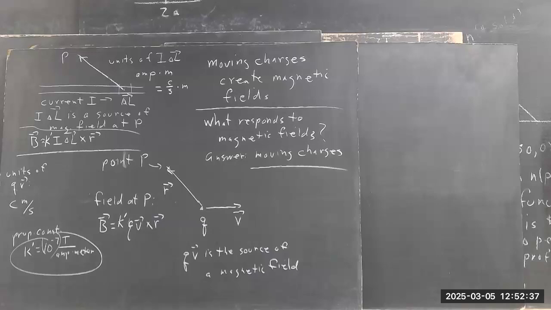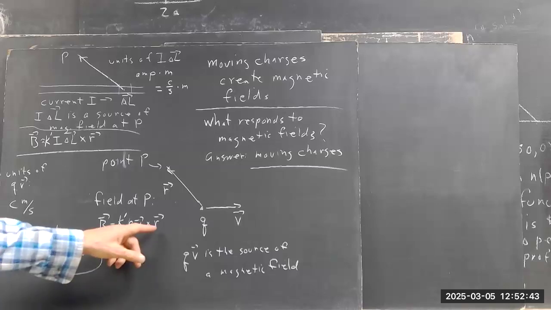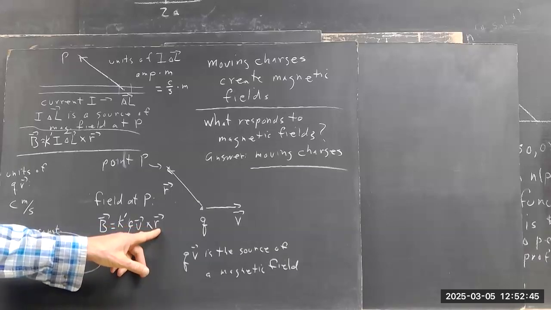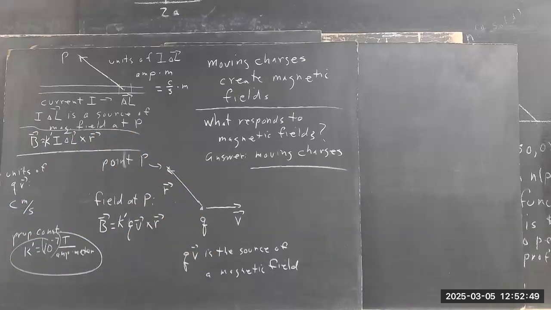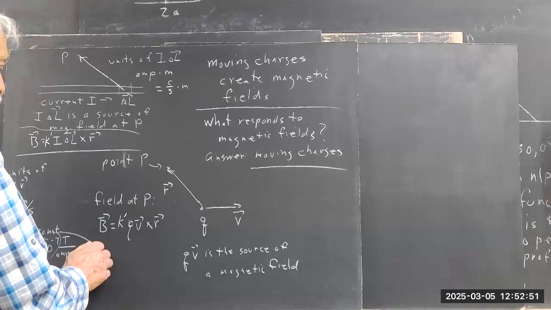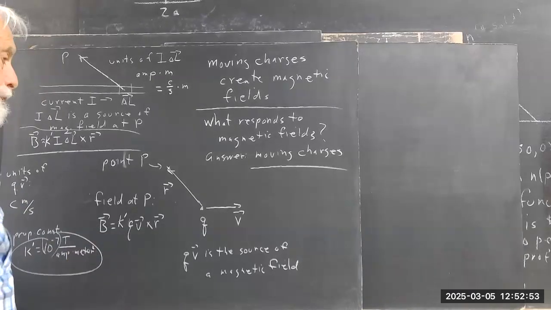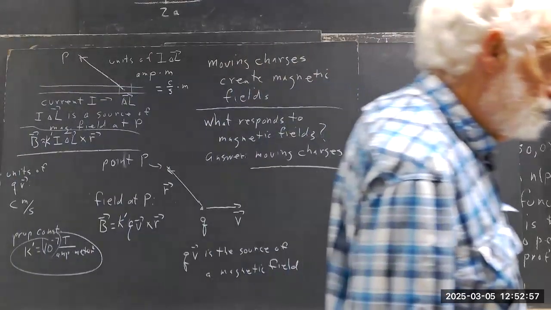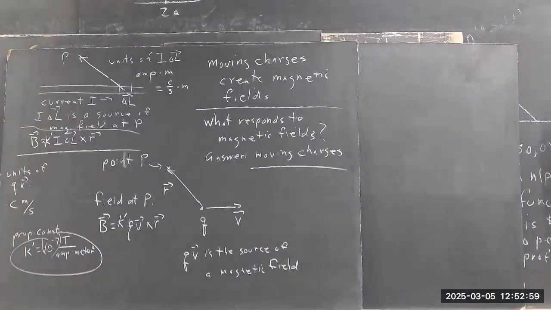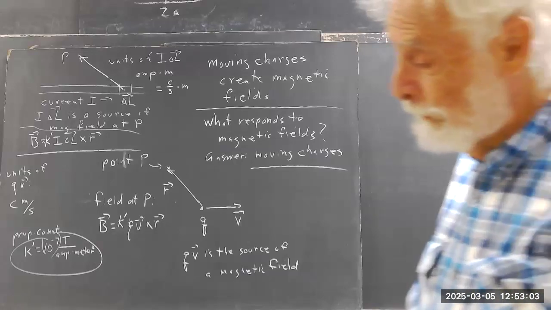V has units coulomb meter per second, which is the same as amp meter, right? Being crossed with R, what would the units of R be? I mean, it's units of length. So maybe you better have meter squared down. Okay. Well, look it up, ponder it, and think about it. Okay.